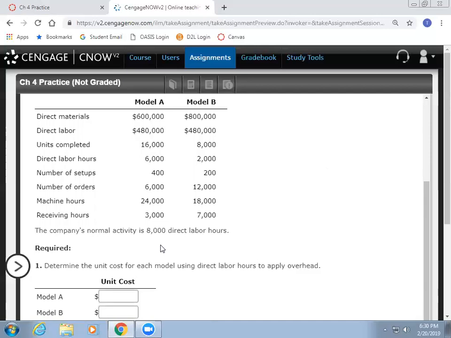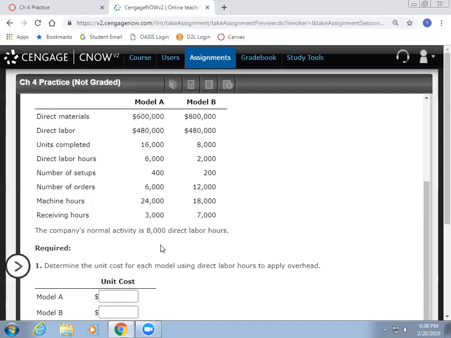So when we determine the unit cost using direct labor hours to apply overhead, that's just pretty standard. We're going to take direct materials plus direct labor, which are prime costs, plus that predetermined overhead based on direct labor hours. So for model A, that would be what?